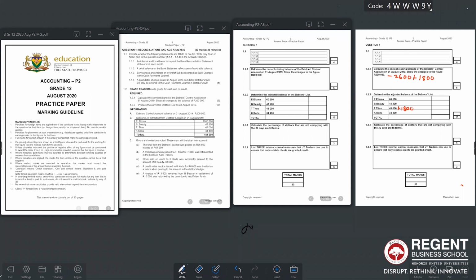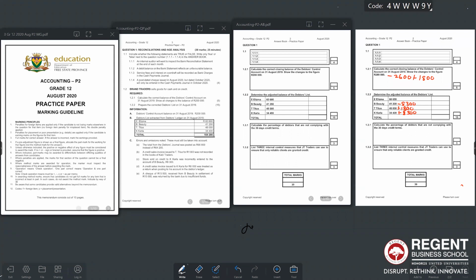So go to Beauty and you're going to put minus 8,300. Take it out from Beauty. It's not supposed to be there. And then go to Carla, and Carla was supposed to pay us. So make her account go up plus 8,300.